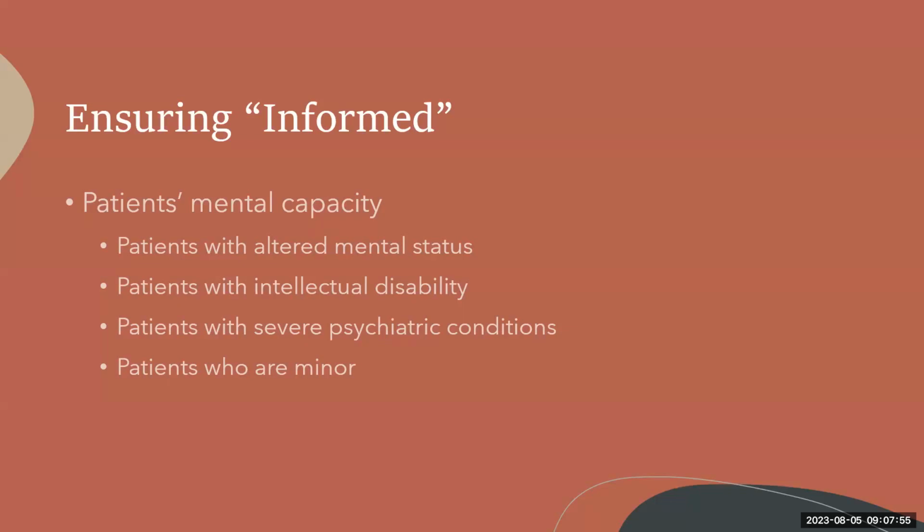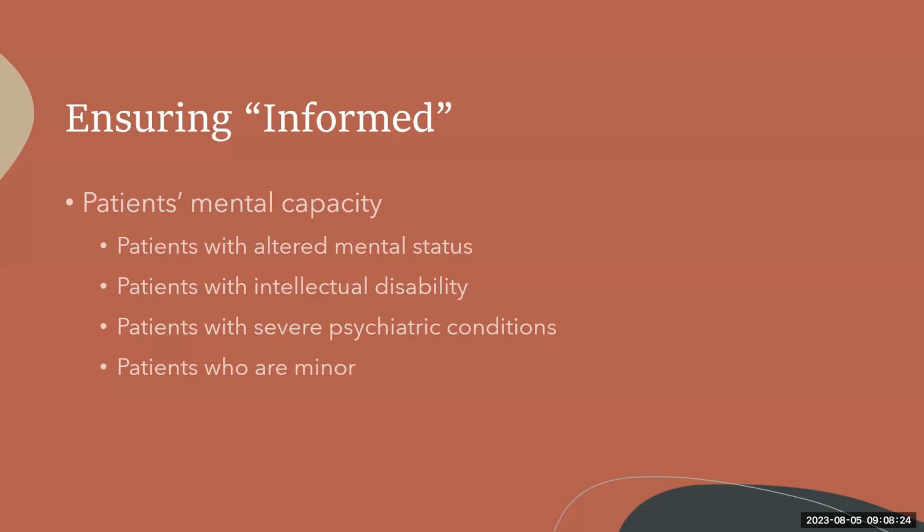Other patients with intellectual disability may also not be in the best mental capacity to make an informed decision. Patients with severe psychiatric conditions, so suicidal patients may refuse to be admitted to a psych unit, and that might not be the best decision for them to make at the time in that mental state.